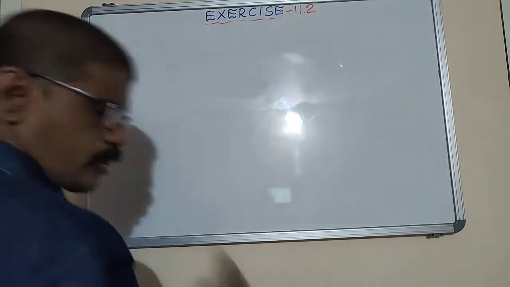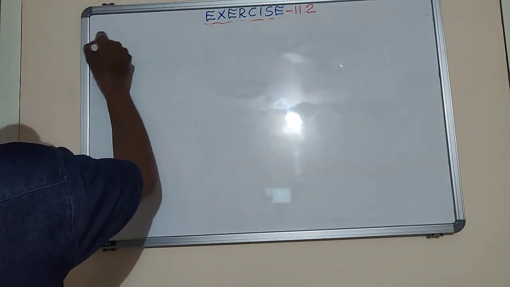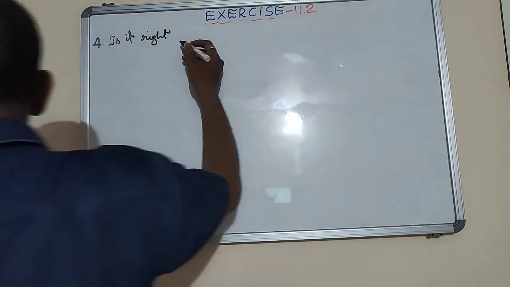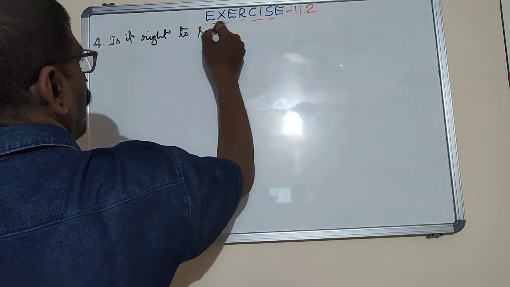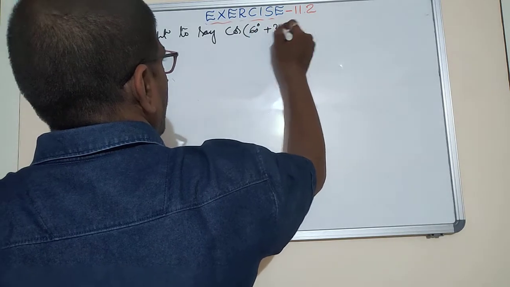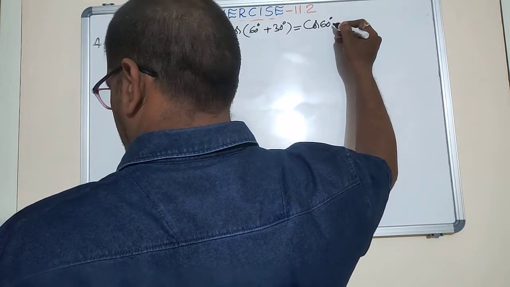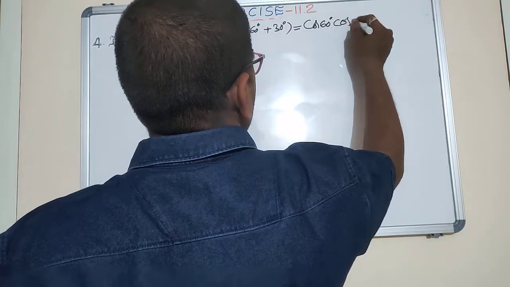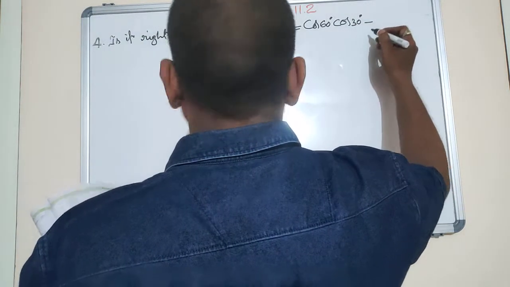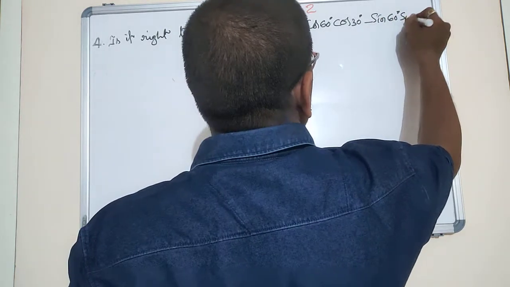Now, the fourth question: is it right to say cos 60 degrees plus 30 degrees equals cos 60 degrees cos 30 degrees minus sin 60 degrees into sin 30 degrees?